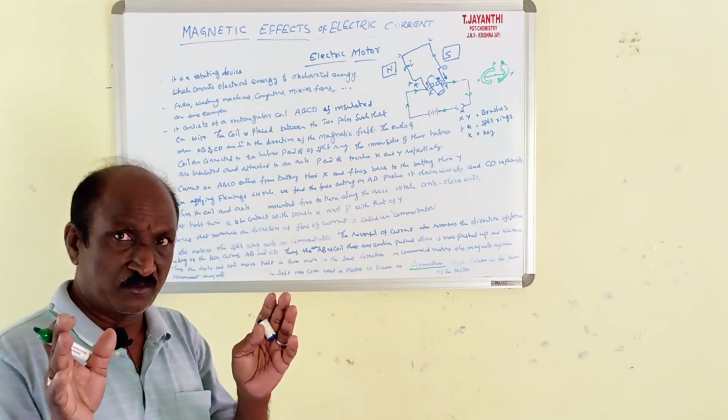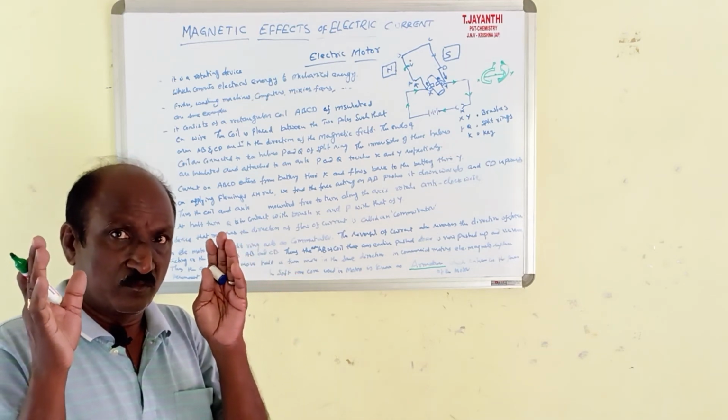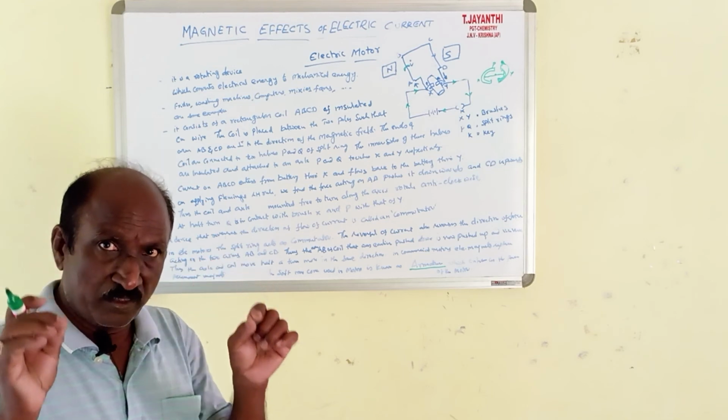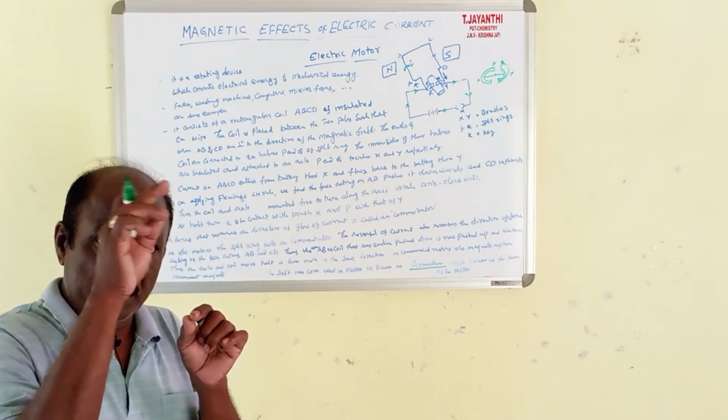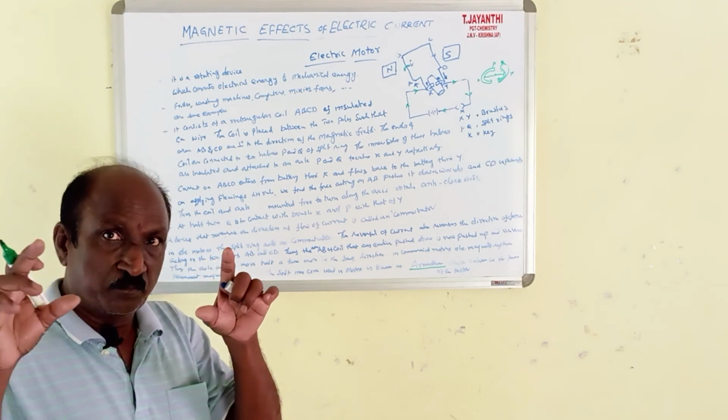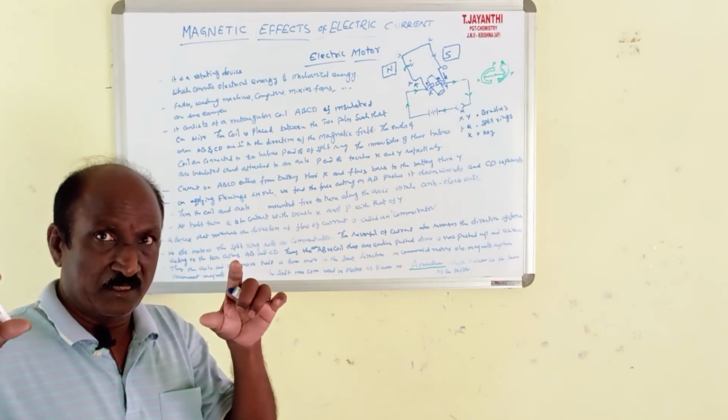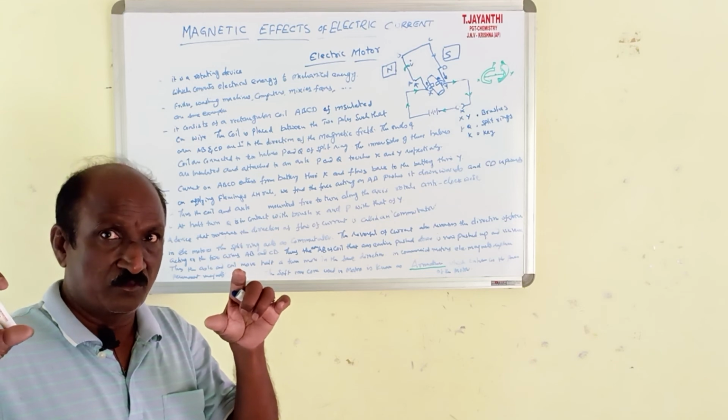The basic parts we have to consider: insulated copper wire ABCD, and the permanent magnets, magnetic poles north and south.